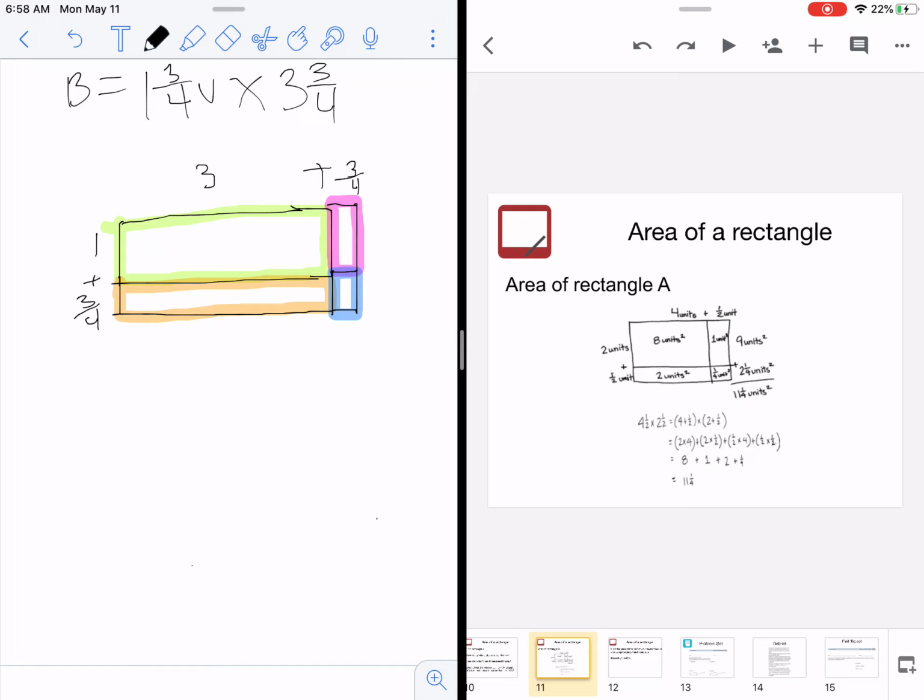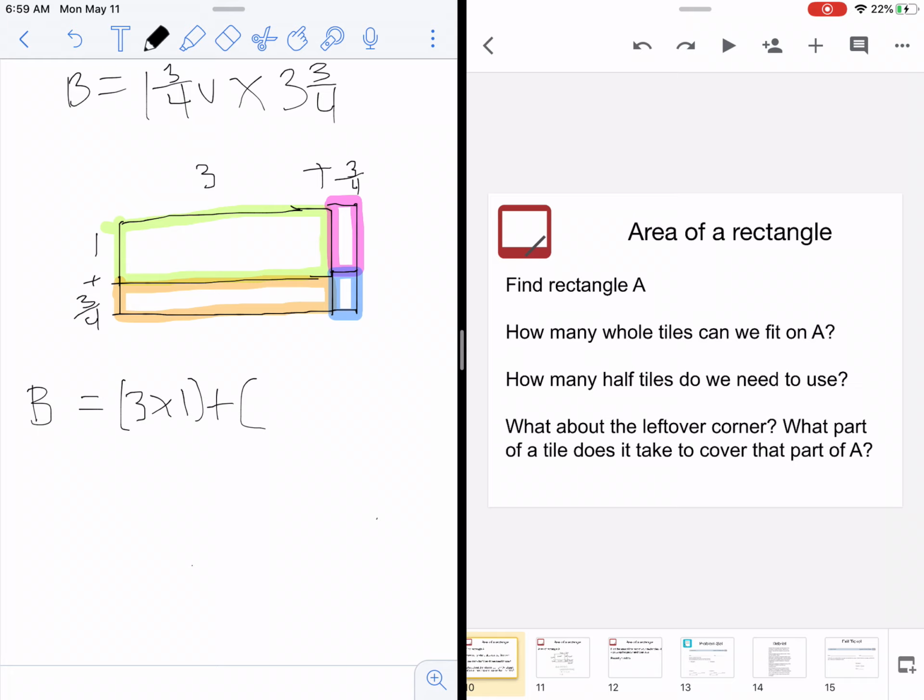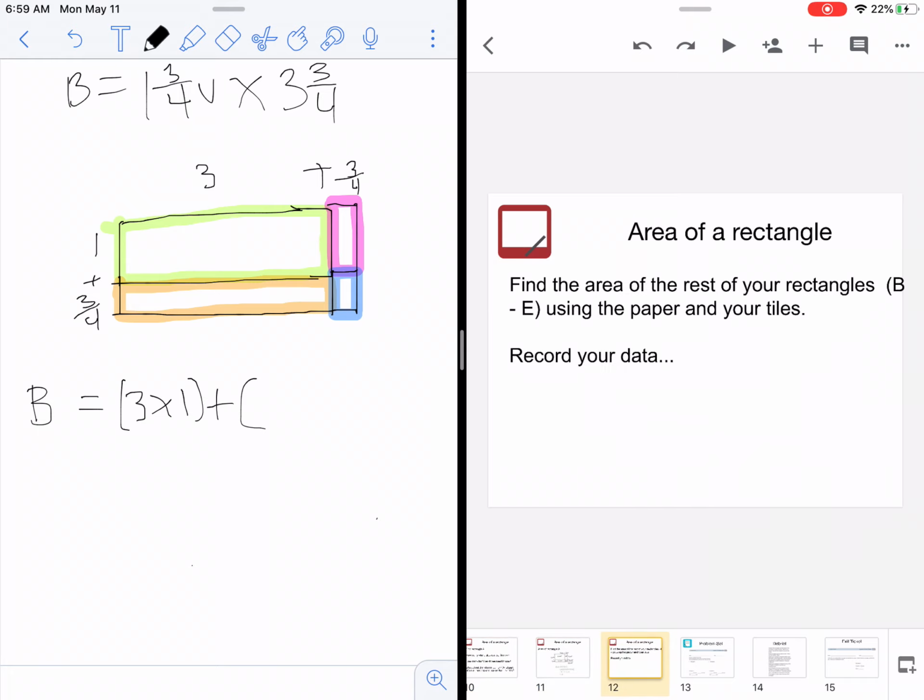So our first piece is our 3 times 1. So rectangle B, the area of rectangle B is 3 times 1 plus, let's do the pink, which is 3/4 times 1 plus, let's do the orange, which is 3 times 3/4 plus, I don't have room, so I'm going to have to go down.